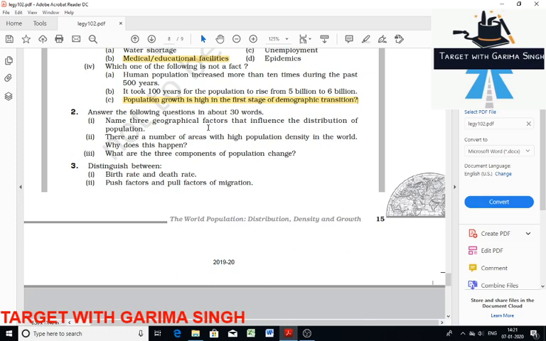Next is: there are a number of areas with high population density in the world. Why does this happen? The areas with high population density across the world have at least one, usually multiple, factors favorable for the settlement of population.